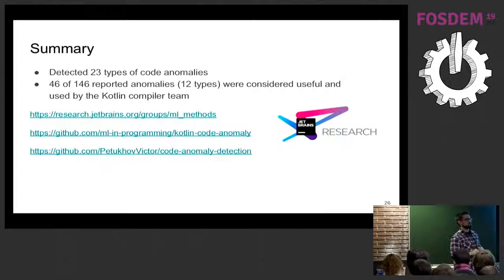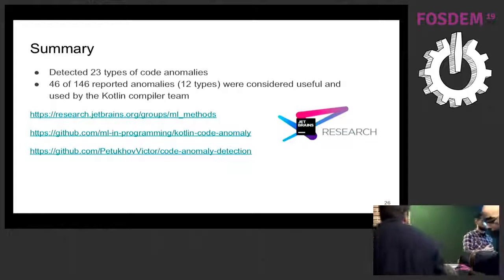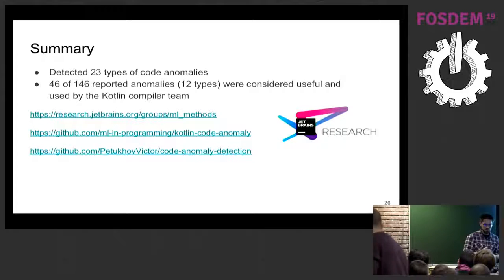Other questions? I'm curious, are there already cases where found anomalies have influenced language design, besides bug fixes in the parser? The question is whether anything that we found so far influenced language design decisions.